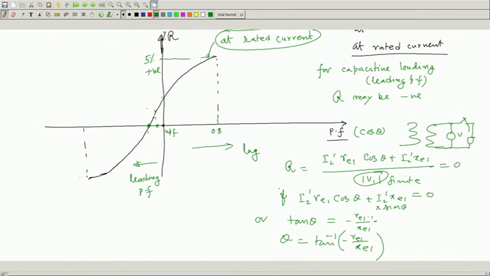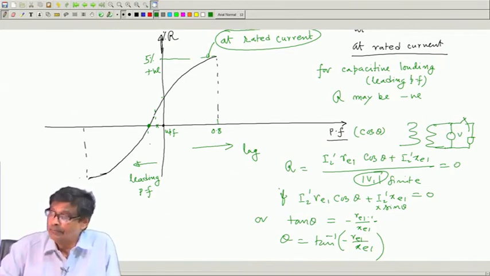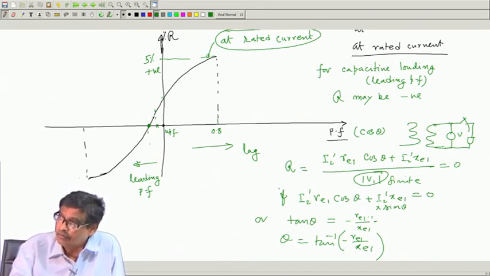So, one can get a number of curves at different current levels. For example, at lower current level the curve will shift, which I am not drawing. Regulation will become less.